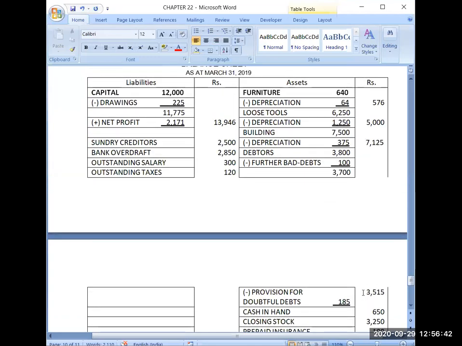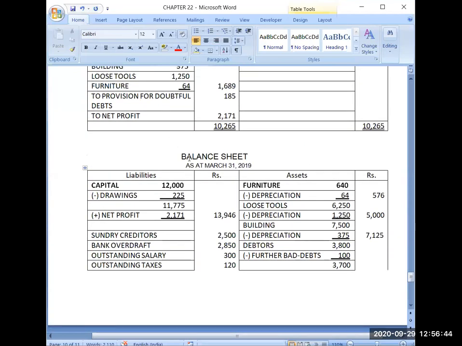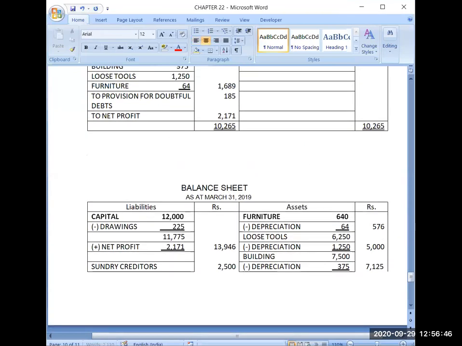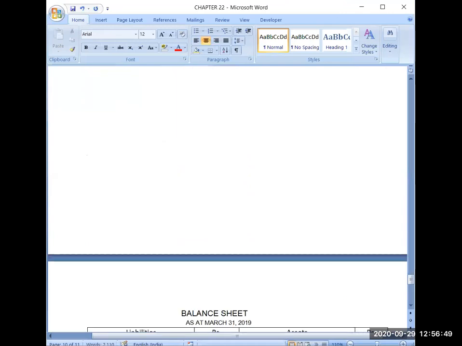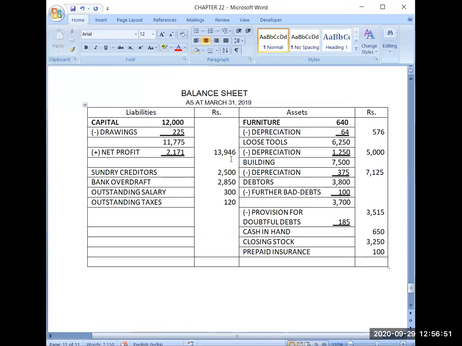So now I will be totaling the balance sheet. I will put it on the next page so that I will be able to total it properly. Now here I will be writing the total 6 plus 5 11 plus 5 16. Then 1 plus 7 8 plus 2 10 11 5 16 5 21.